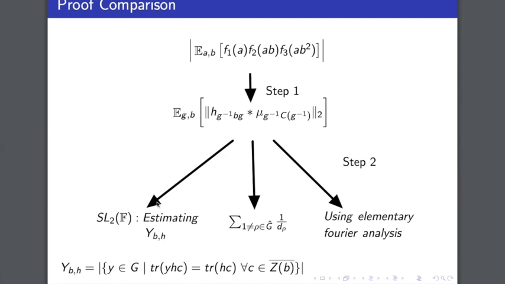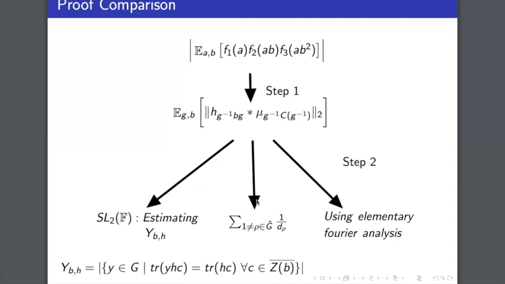Tao reduced the task to estimating quantities like YBH, where YBH is the coordinate of this set. We'll not discuss what this set is in detail. Rather, we'd like to point out Tao does this reduction as well as the estimation using tools from algebraic geometry, including the very familiar Schwartz-Zippel lemma.